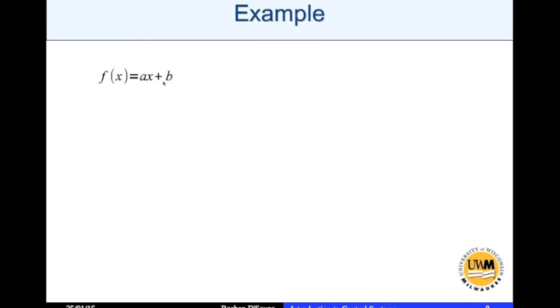How about the equation of a line, ax plus b? You would think that it is linear, but we'll show that it is not because of this constant here. The same test, superposition plus homogeneity. So you replace x with alpha times x1 plus beta times x2. It's basically a times this, which is a times alpha times x1 plus beta times x2 plus b.